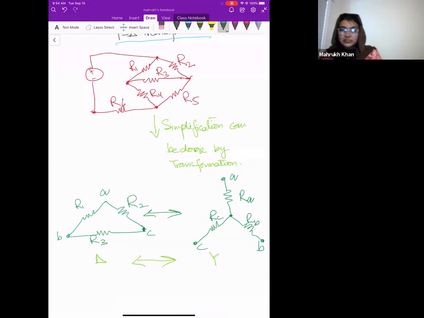RA, RB, and RC are not equal to R1, R2, and R3. There are conversion formulas that you can use, but you can replace this as Y.